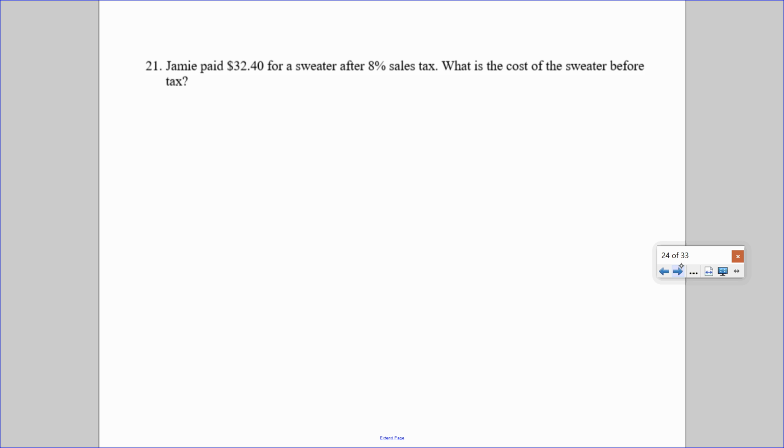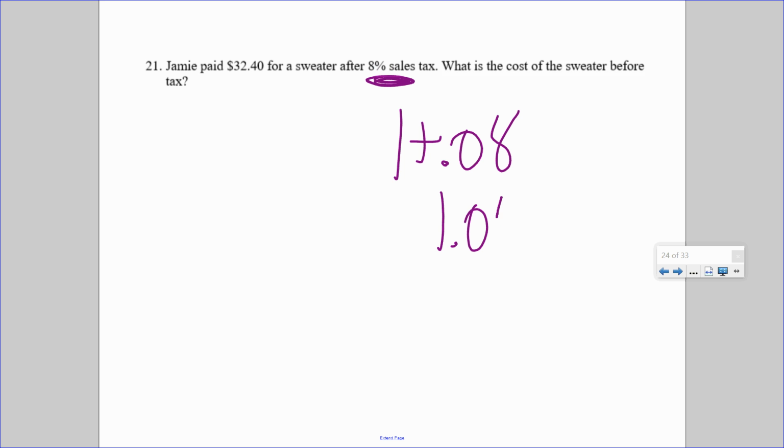So it says that Jamie paid $32.40 for a sweater after 8% sales tax. What is the cost of the sweater before the tax? So again, tax is increasing. If it increased by 8%, we're talking 1.08. Now, we're not increasing this amount by 8%. This is the amount after.